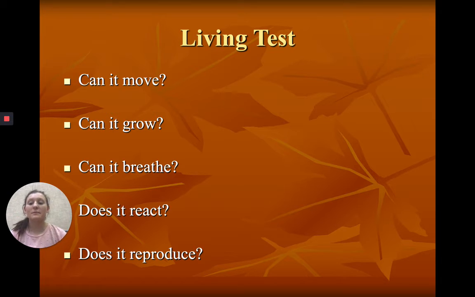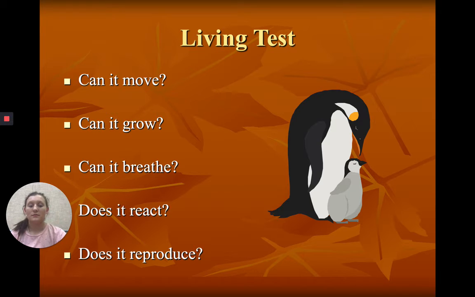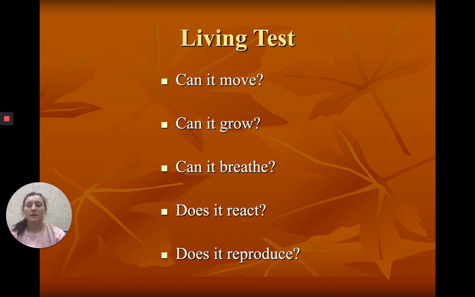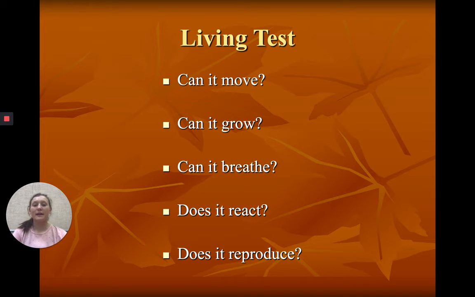Is it able to have babies? Here we have a penguin mother with its child. So these are the questions that we can ask ourselves if we want to figure out if something is living.